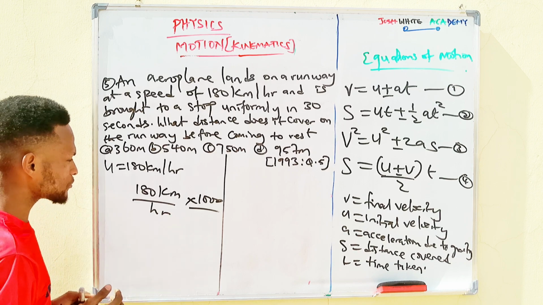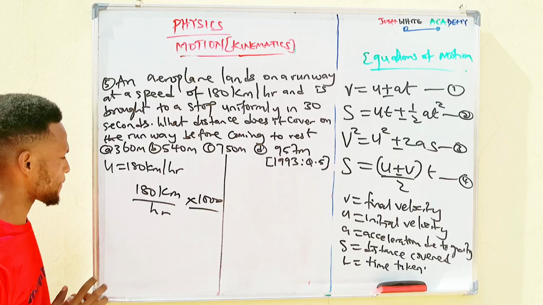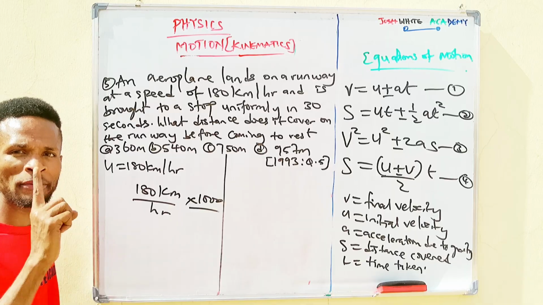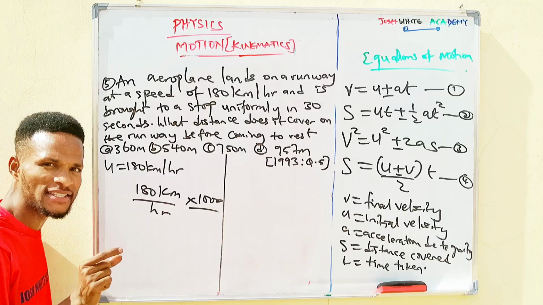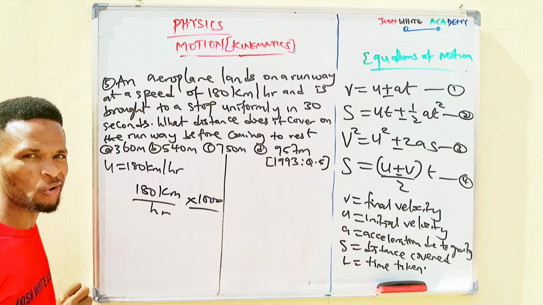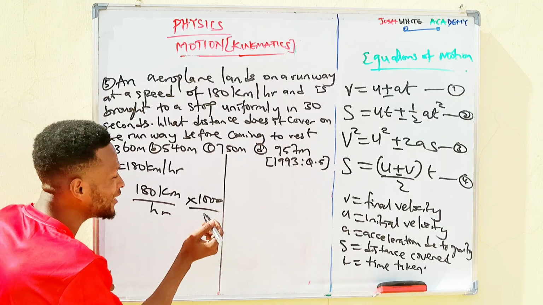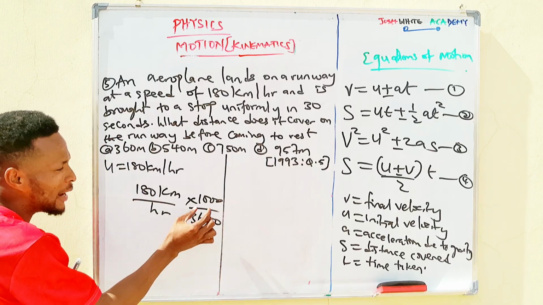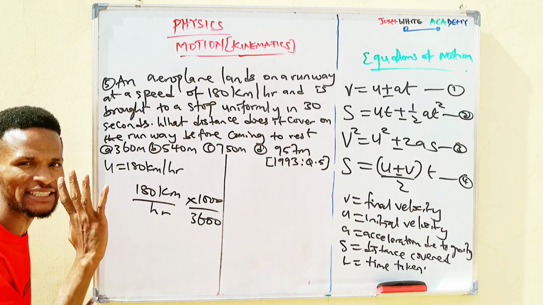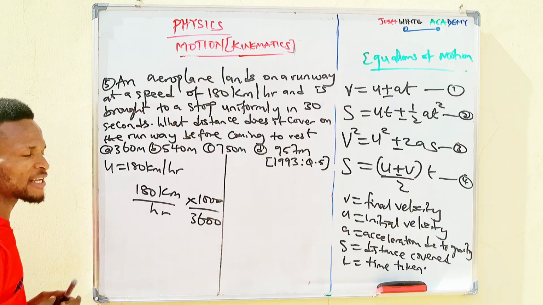How did I get that? 60 seconds make 1 minute and 60 minutes make 1 hour. That means 60 times 60 will give you 3,600 seconds making an hour. So you will divide it by 3,600. So kilometer is up, I multiply it by 1,000. Kilo means 1,000. Hour, 3,600.